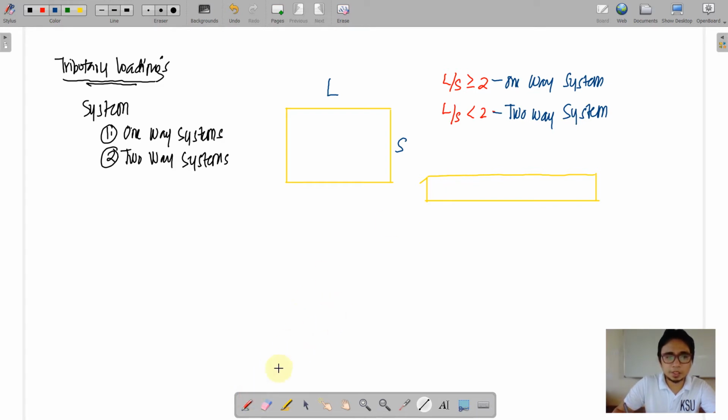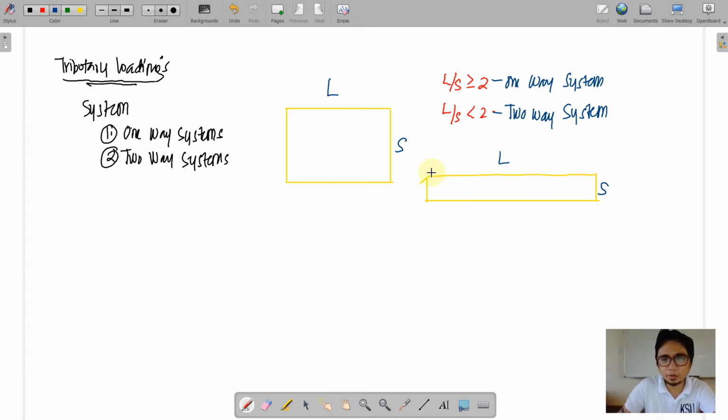So this is the orientation of a one-way system. There is an obvious difference between the long dimension and the short dimension. The rationale here is that the reinforcement is more on the longitudinal direction.